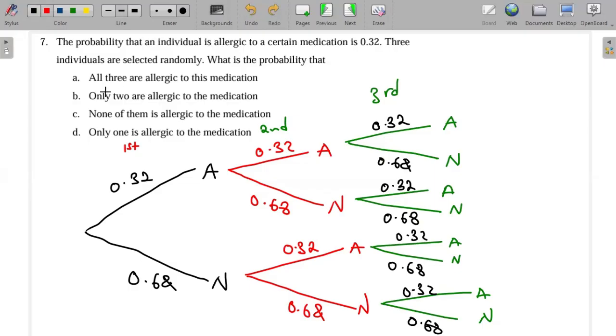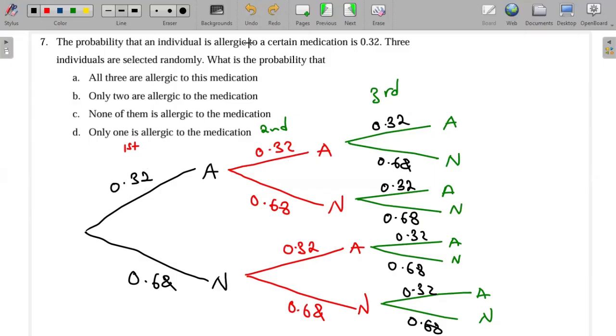So the first one is, find the probability that all three are allergic to this medication. So if they're allergic, it means here I'm getting this probability, with that probability.